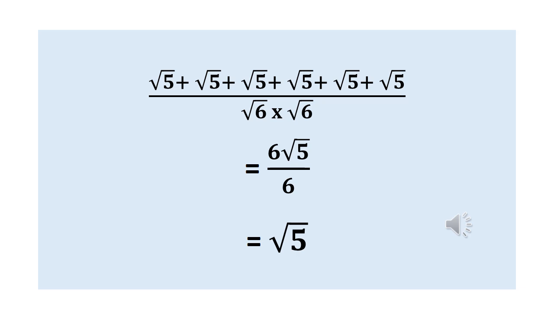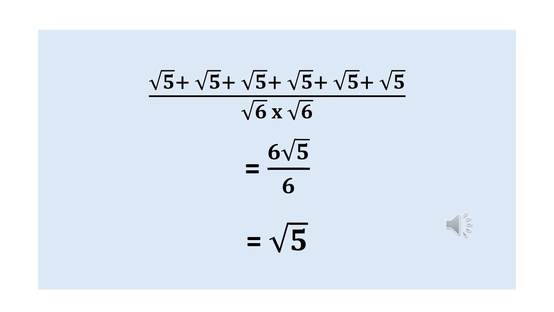The 1 of the root 5 plus another 1 plus another 1 is 6, so it will give us 6 root 5 as the numerator.